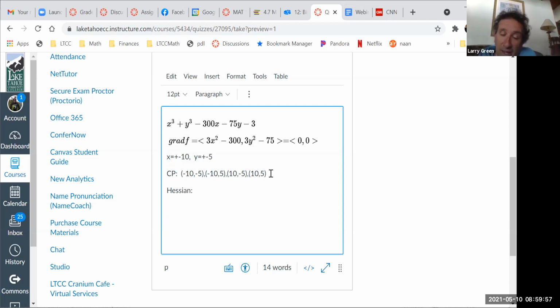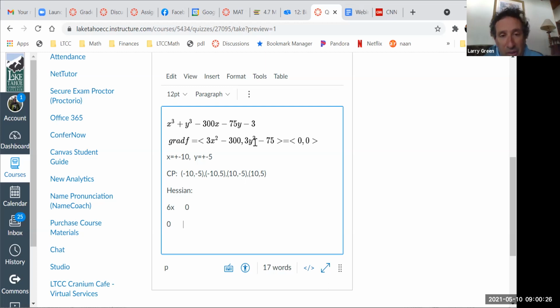I will tell you that matrices are really important, especially if you can do more STEM stuff, more math, then matrices come up a lot. So let me write it as the matrix. The partial with respect to x twice will be, hopefully you can see, 6x. Partial derivative with respect to x and then y is 0. The partial with respect to y then x is also 0 because it'll always be symmetric.